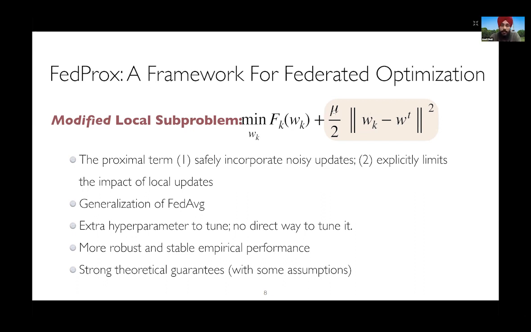And then they put mu as the penalty parameter, or the proximity parameter, for this regularization term in the local loss function.